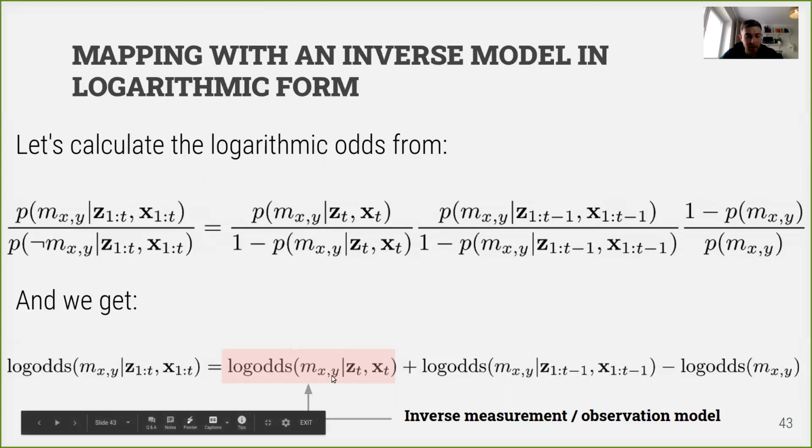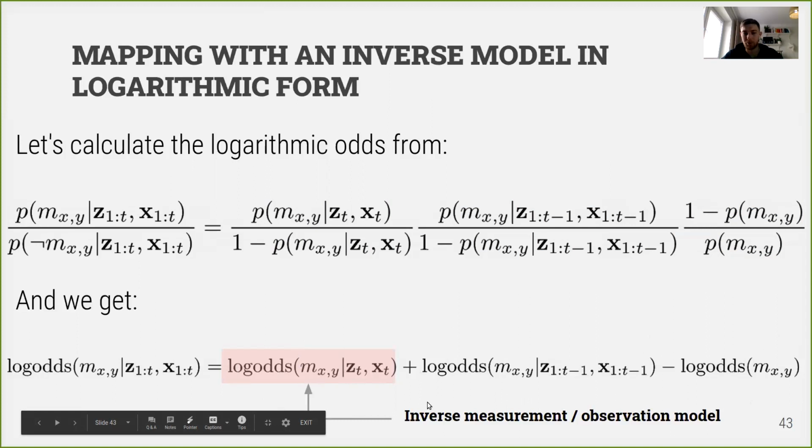Here is the probability of the cell being occupied given the last measurement. Here is our recursive term, the previous probability given previous measurements and previous poses. And here is our prior, so we subtract our prior every time.